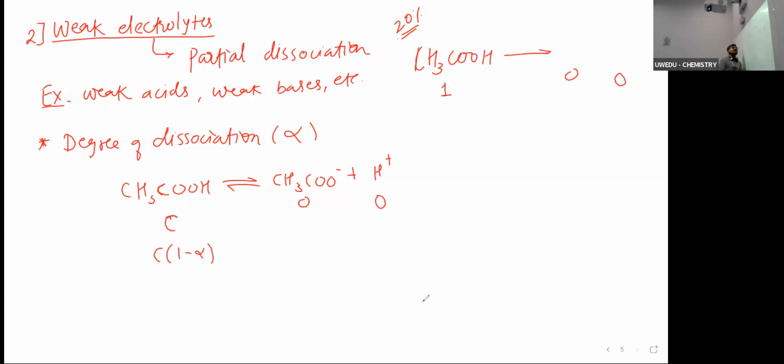If 20% is the dissociation, how much is remaining? 80 percent means how many moles will remain here? 0.8, right? So what we did: 1 minus alpha, so 1 minus alpha is 0.8. Clear? Everyone is clear? And here there are 2. So in 2, with 20% dissociation, how much is remaining?